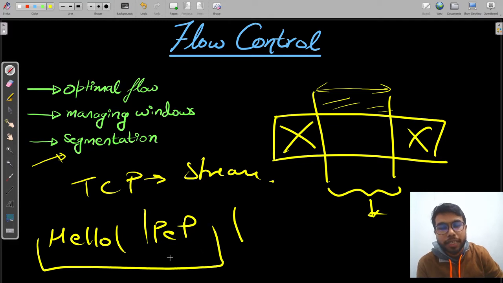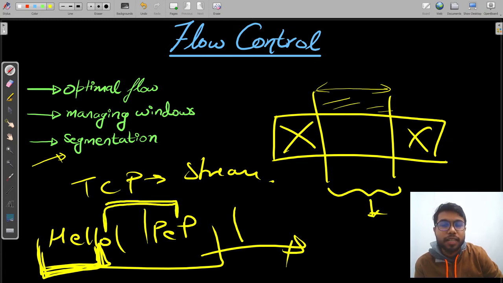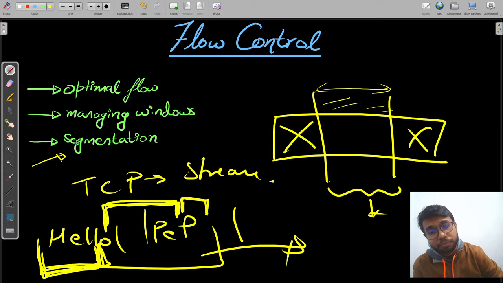So it might just wrap it up in a single package and send it. Or it might say, okay, this is what my first package can handle, so let's send this much in my first package, and then my second package can handle this much. So let me send this much in my second package, and then this is what's left, so this is what is going to be in your third package. So that is what your segmentation does.